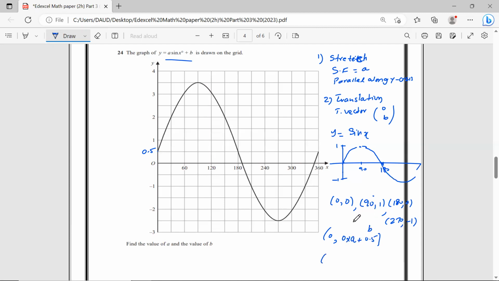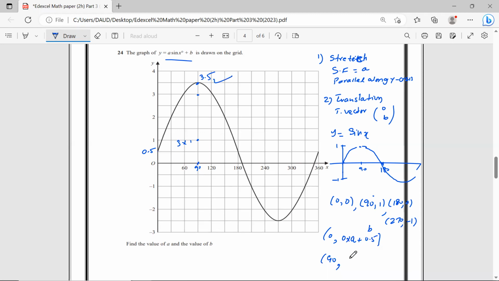So if I check the second coordinate 90, normally I have amplitude 1, but it is not 1 at 90. If you check here at 90, it is 3.5. It means the y is equal to sine of x curve has 1 amplitude, and if you multiply 1 with 3, you will reach 3, and then add the translation 0.5 to get this.